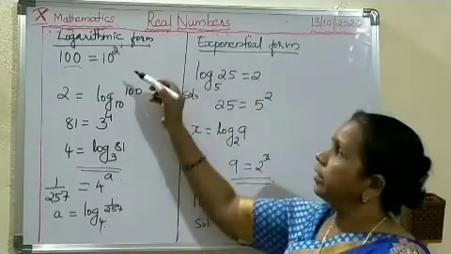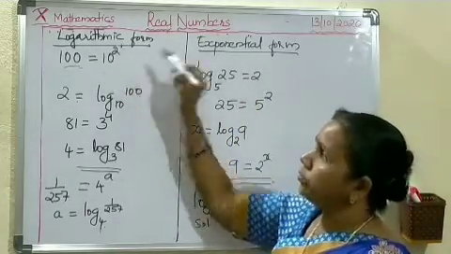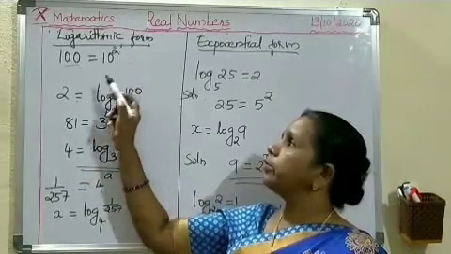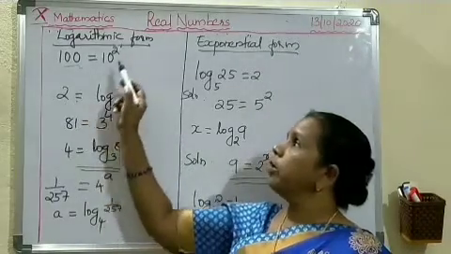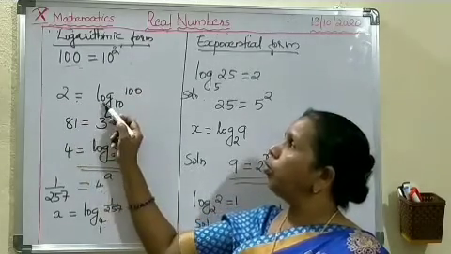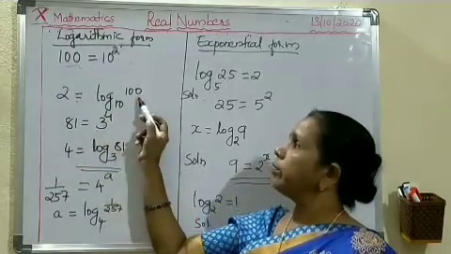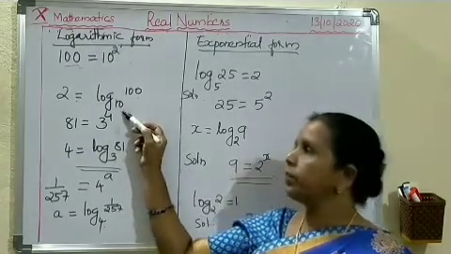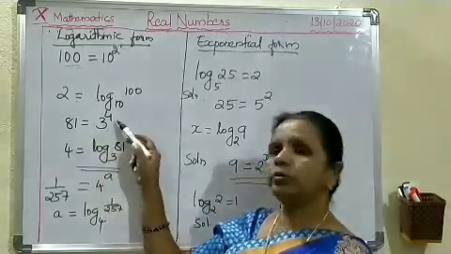First, they are given 100 is equal to 10 square. This is the exponential form. Then we have to convert into logarithmic form, which means first we have to keep the power here. 2 is equal to log 100 to the base 10. Next one, 81 is equal to 3 to the power 4.